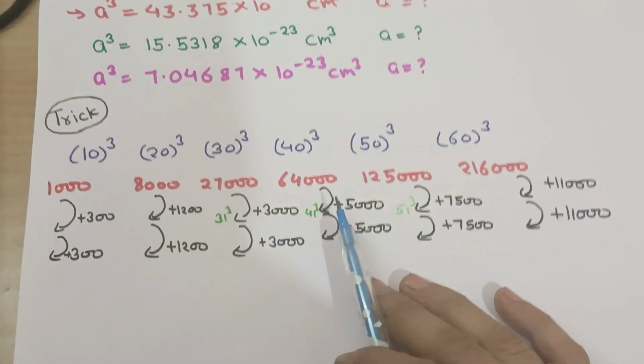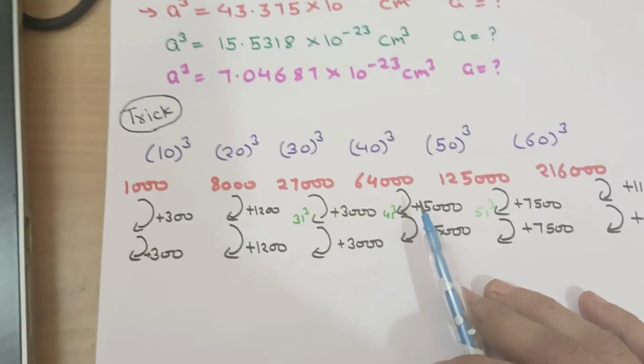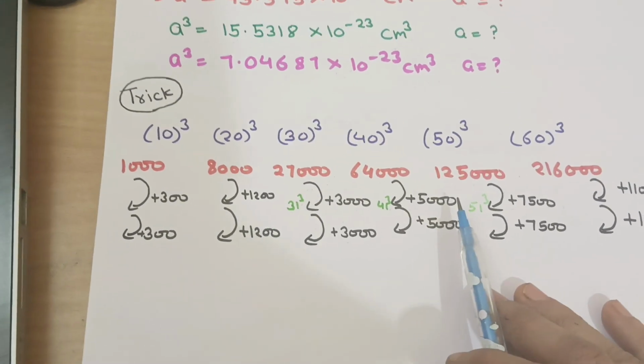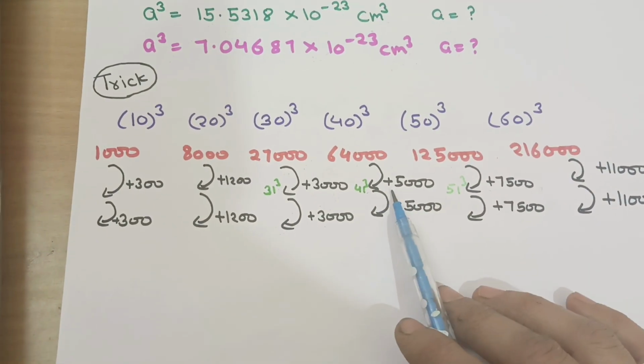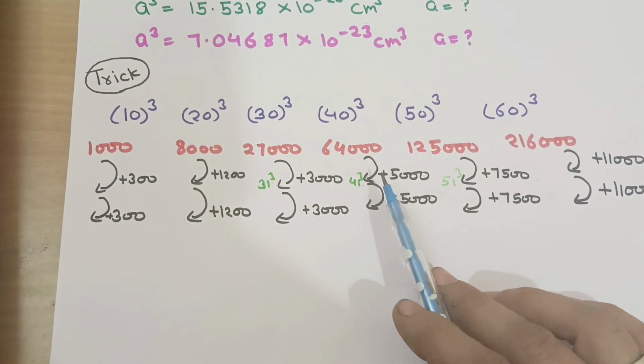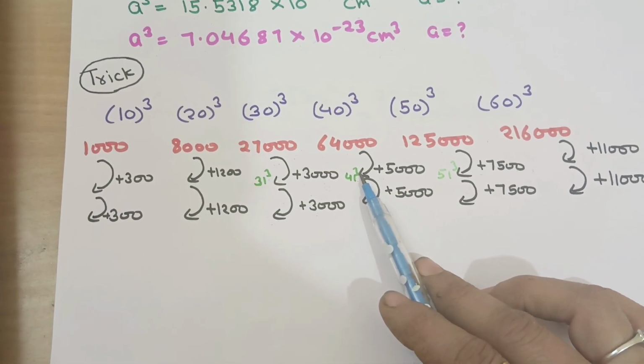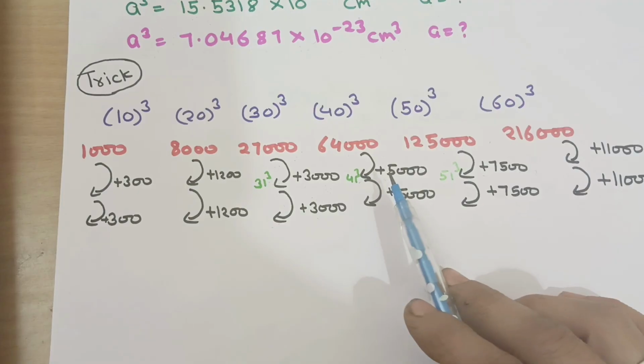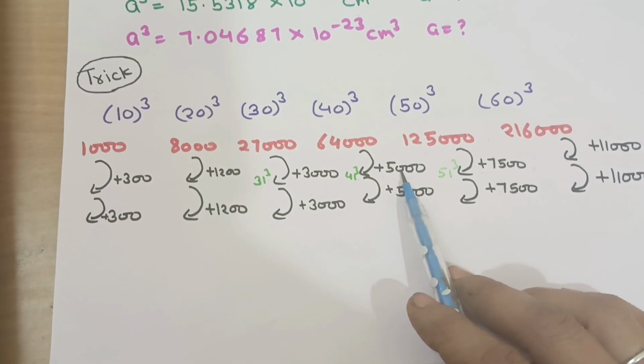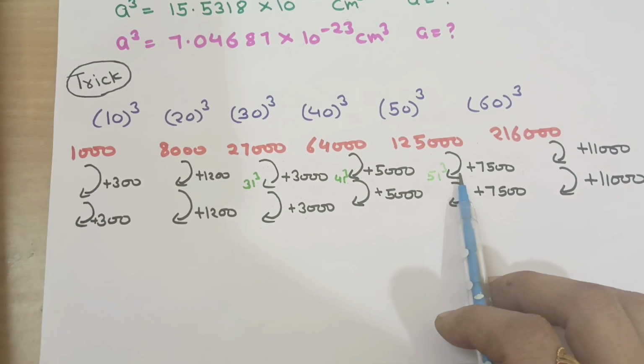I am rounding it because it makes your calculation easier. 5000 means for the next number you have to add 5000, and you will get the cube of 41. 41 cube is 69,000.